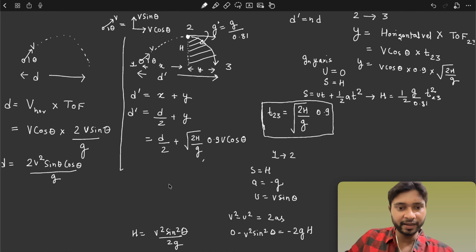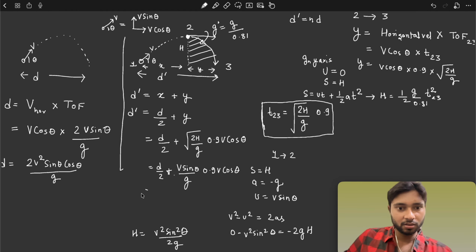If we rewrite it here, in this equation we can write d by 2 plus root 2h by g. So 2 and 2 will get cancelled, it will be g square. So this is nothing but v sin theta by g into 0.9 v cos theta.